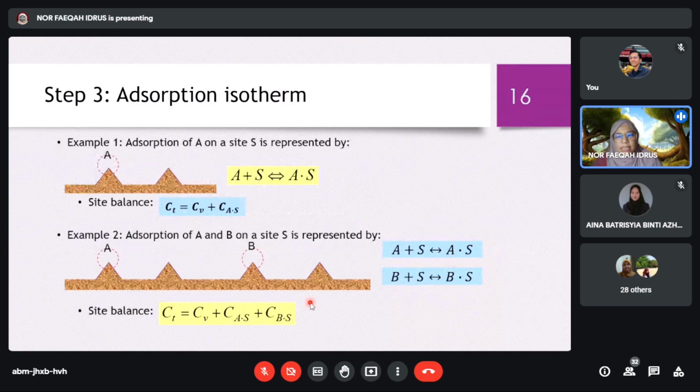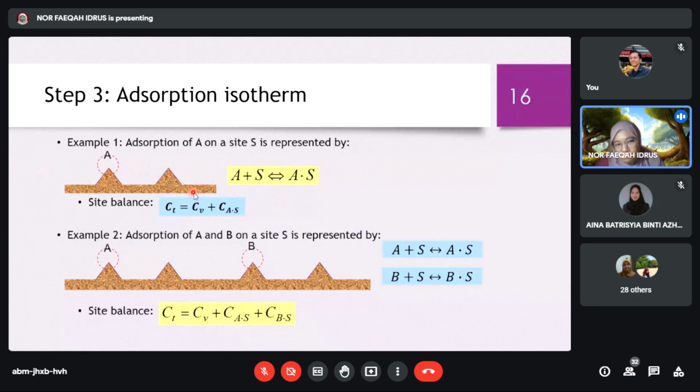Alright, the first example here is for the adsorption isotherm. Example 1, adsorption of A on a site S. This is the example for adsorption of one reactant. If the reaction only involves one reactant, this is how the adsorption occurs.